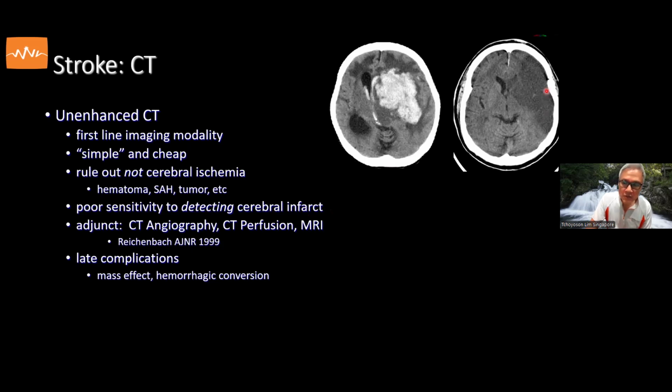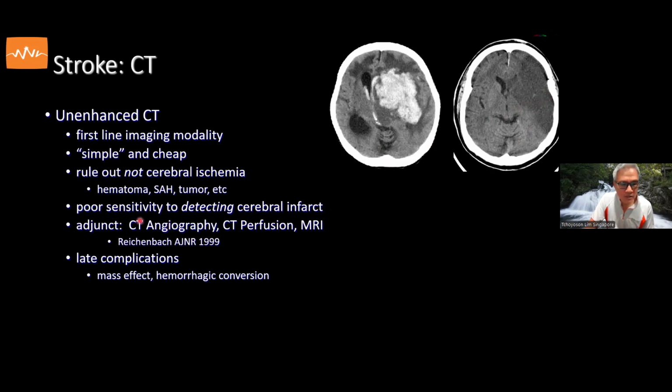Not every case is going to be well established and sharply visualized like in this one, particularly if the stroke burden is small and the patient is seen early. That means stroke CT without contrast enhancement is going to be poorly sensitive to detect the infarction.